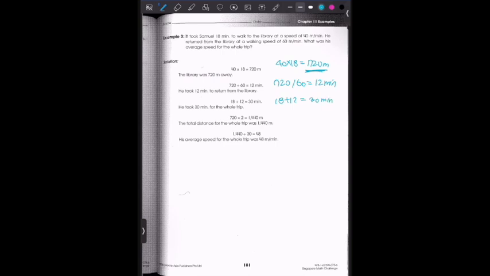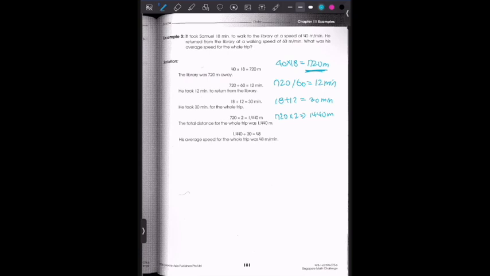So he spent a total of 30 minutes, and the total distance that he walked is 720 times 2, because he went back and forth a path that cost 720 one way. So total, he did 720 times 2, which is 1,440 meters. And he did that all in 30 minutes.